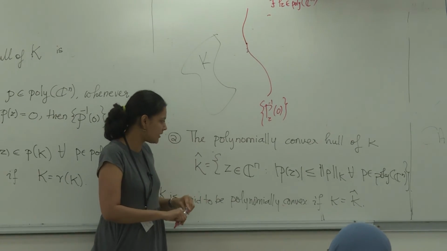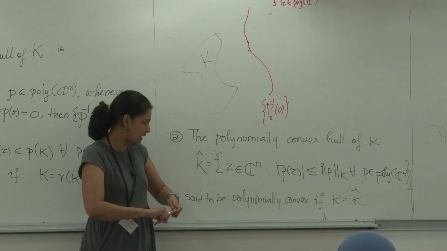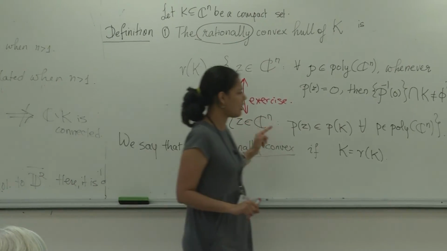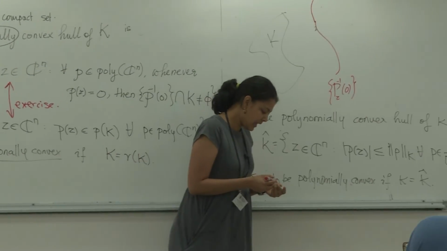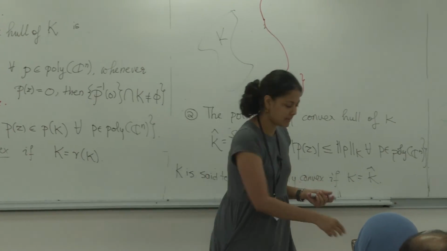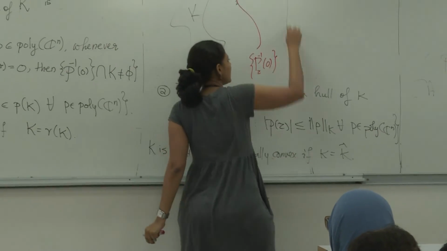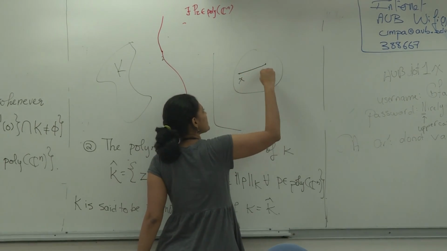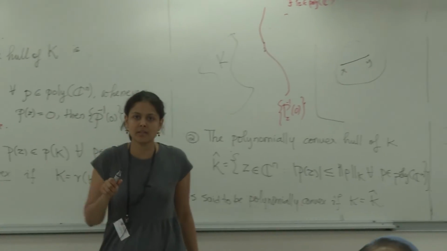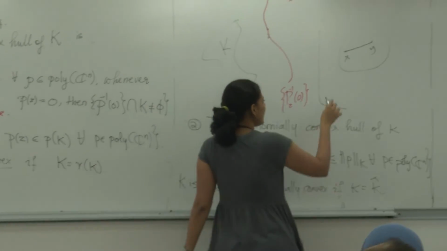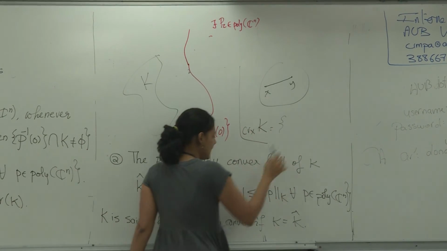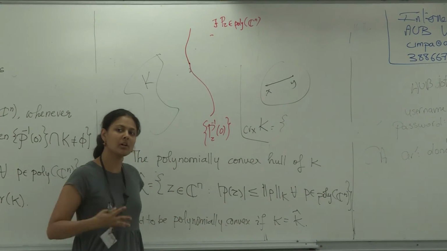But to end this discussion, I want to address Michael's question about why talk about rational convexity. If you take classical convexity, what is classical convexity? Take two points, and the line joining the two points is always inside the set. There is a way to define convex hulls in this fashion using real linear functions.